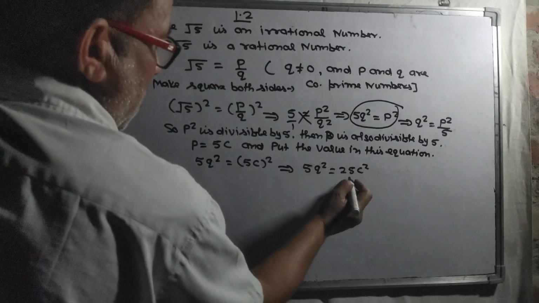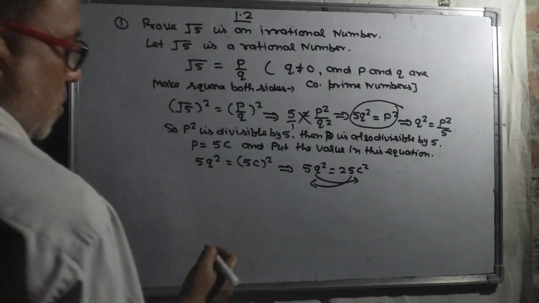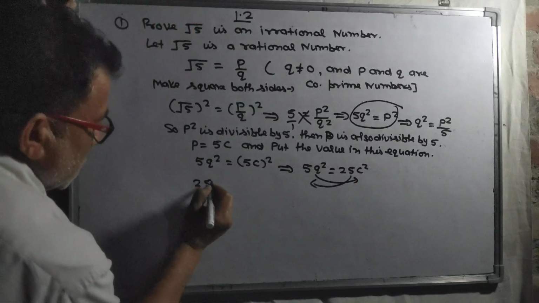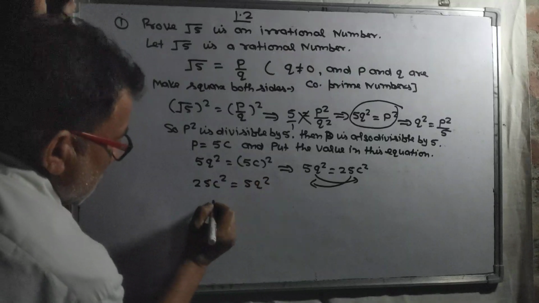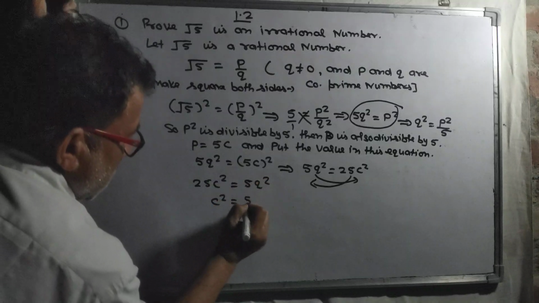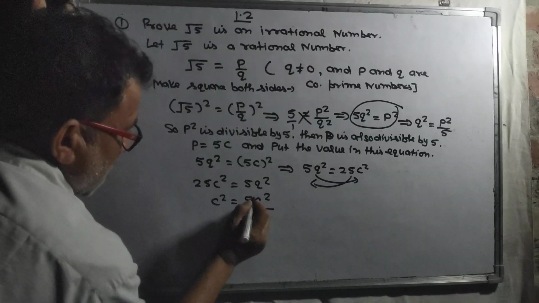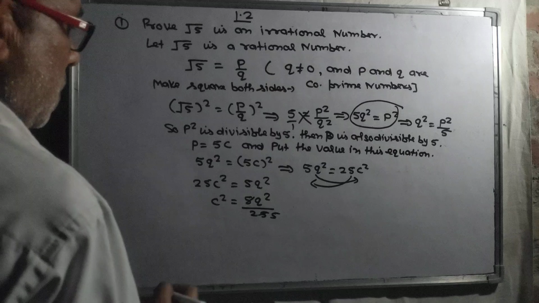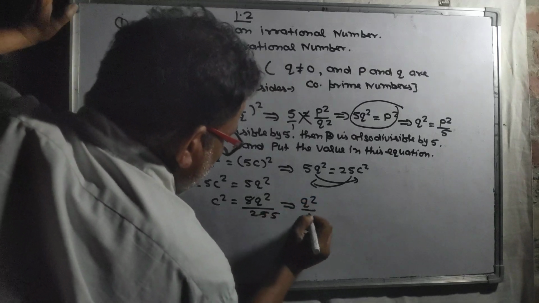I will take this side and that side: 25c square equals 5q square, so c square equals 5q square upon 25, which is q square upon 5.